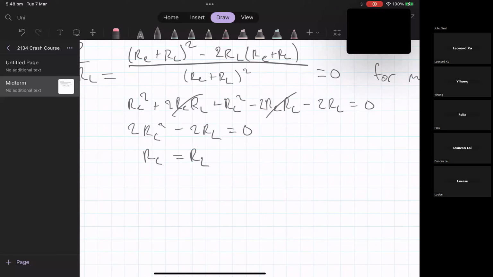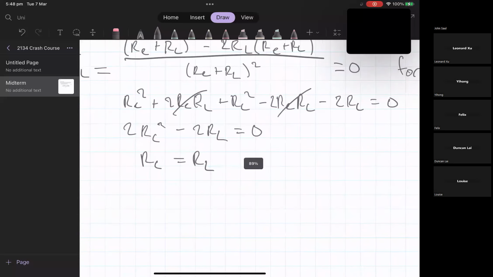Again, noting that resistances can't be negative, so we only take the positive solutions.